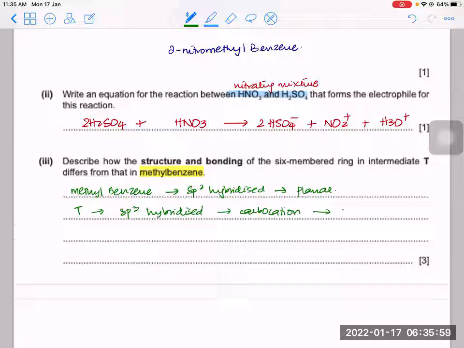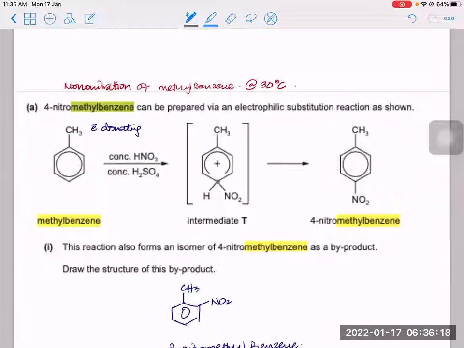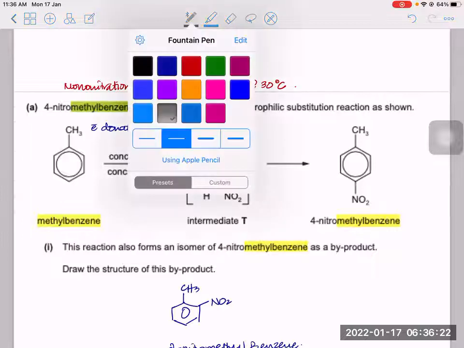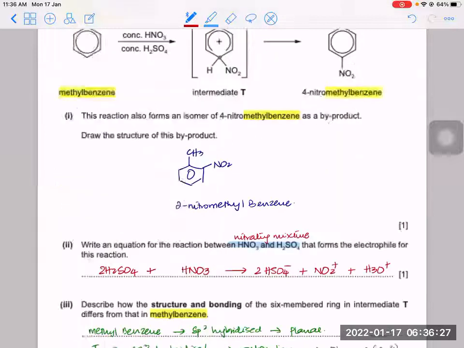Since one of them is sp3 hybridized, it would be tetrahedral in shape. And you have 5 other carbons which are sp2. So the other carbons are sp2, and you have one carbon which is sp3 or tetrahedral. This will be a carbocation. Clear? Is this understood?